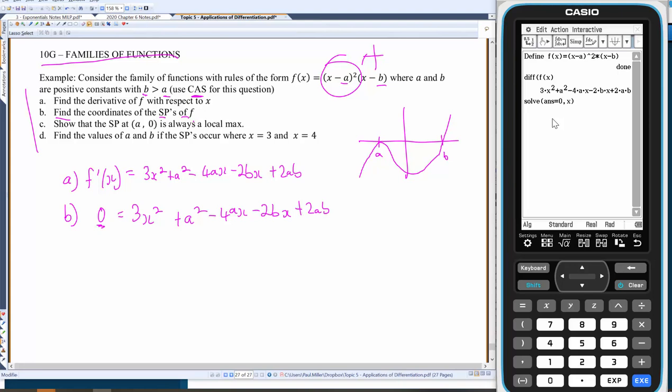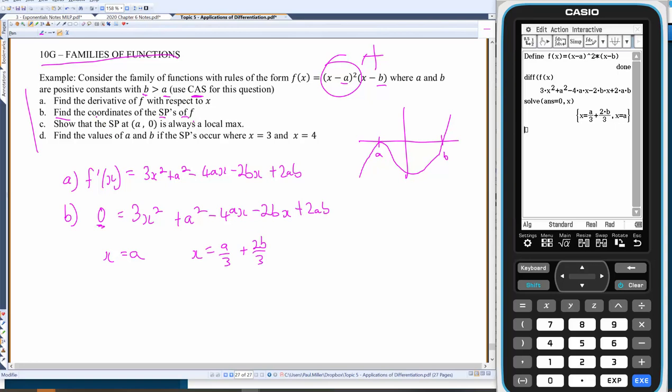For what values of x is it? And here we go. We've got two values. It's going to occur when x is equal to a. That seems to make sense because there's a stationary point at that intersection with the x-axis there. And the other one occurs down here at this x value, and the x value is a over 3 plus 2b over 3.